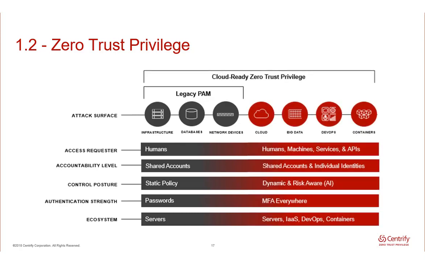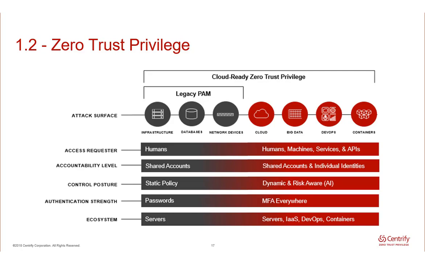Moving from legacy PAM to cloud-ready zero trust privilege takes into account the non-human requester, such as machines, services, and APIs. Shared accounts will still exist, but for increased assurance, individual identities can be applied with least privilege. Controls can be dynamic and risk-aware, which requires modern machine learning and user behavior analytics.